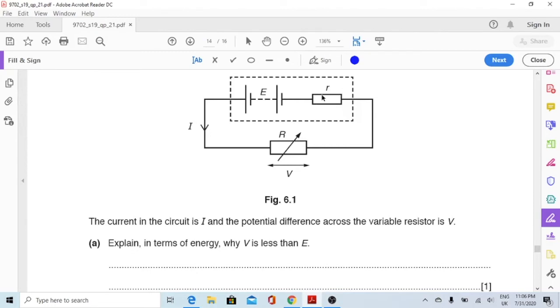It is never possible for the battery to output its whole energy, and this is what they are asking you to explain. So the answer would be some energy is lost in the form of heat by the internal resistance of the battery.